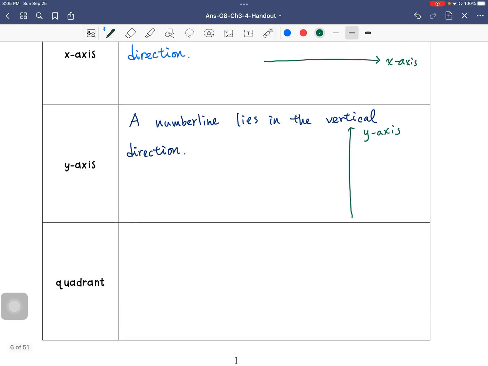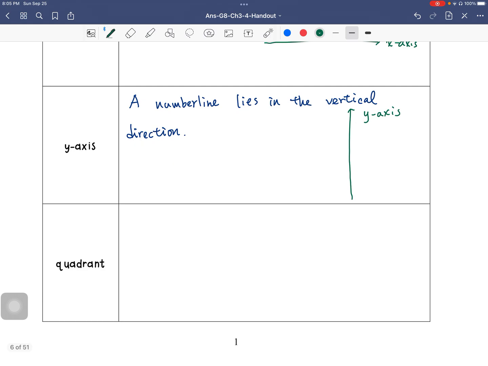Okay, so what is a quadrant? A quadrant is one of the spaces formed by the coordinate plane.